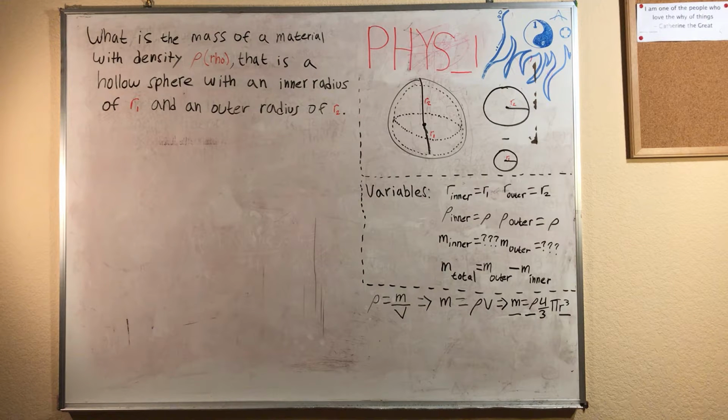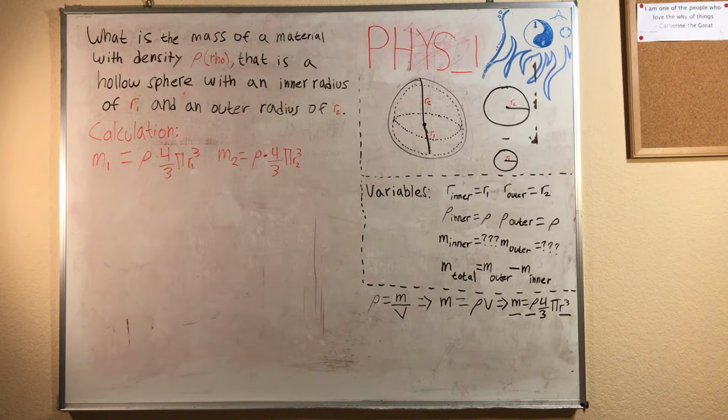Now that we have the relationship, it's time to calculate. Start with rewriting the equation for our mass, which equals rho times 4/3 times pi times the radius cubed. Let's label this one as r sub 1 and rewrite this for our other radius, r sub 2.